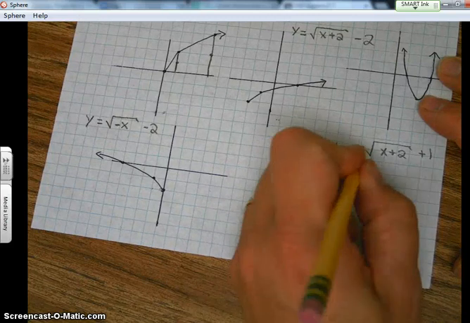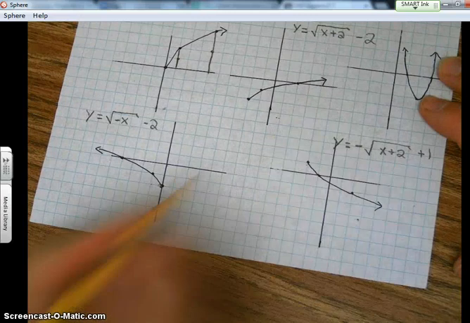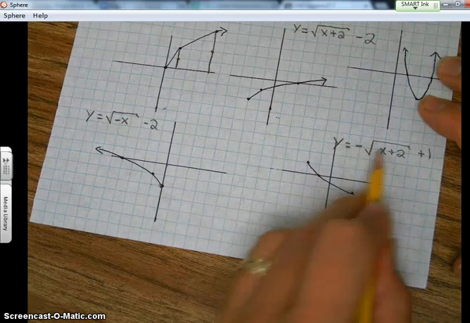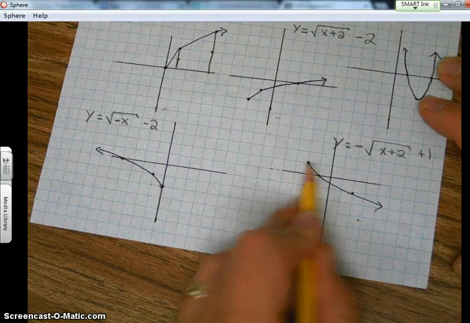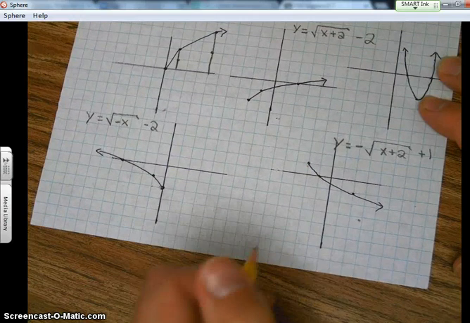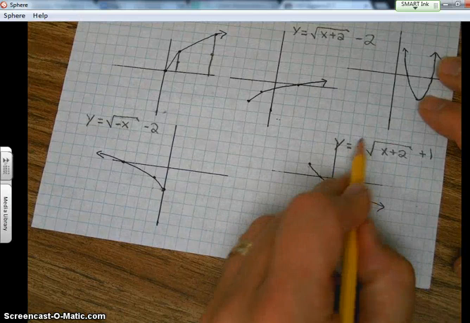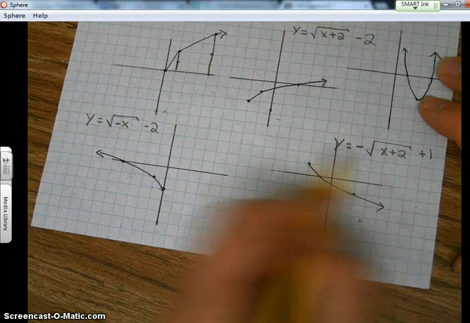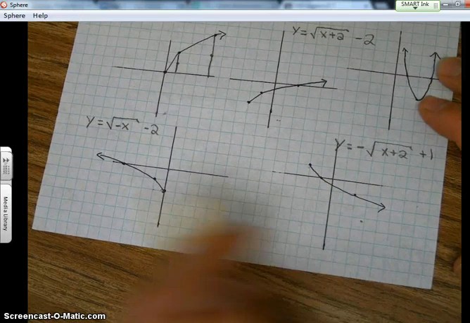So we have a reflection over the x-axis. And then again, we can check for stretch and compression. Over 1, down 1, over 4, down 2. So the down, remember, has to do with the negative. But the a value is still 1 because it's the same as the parent.